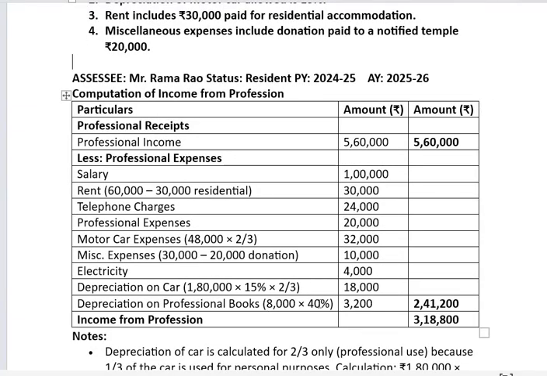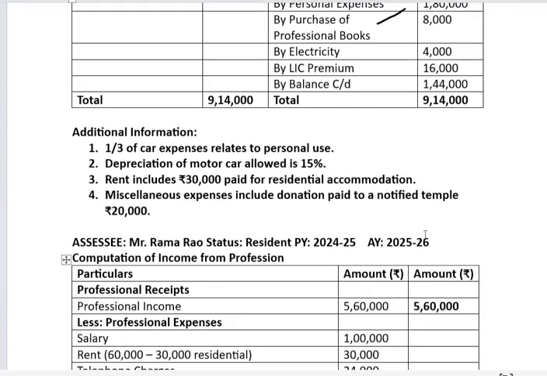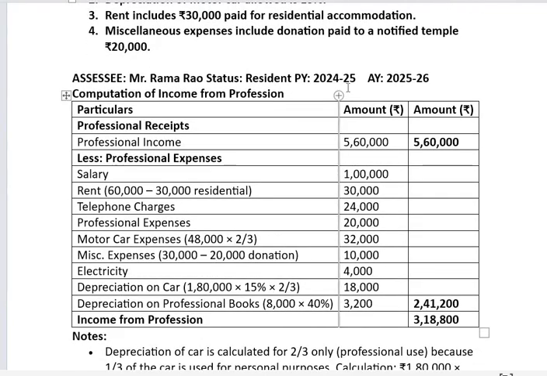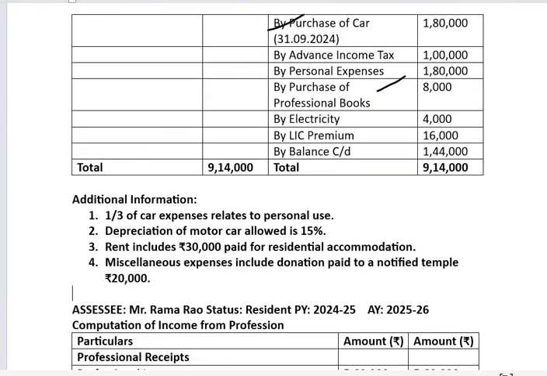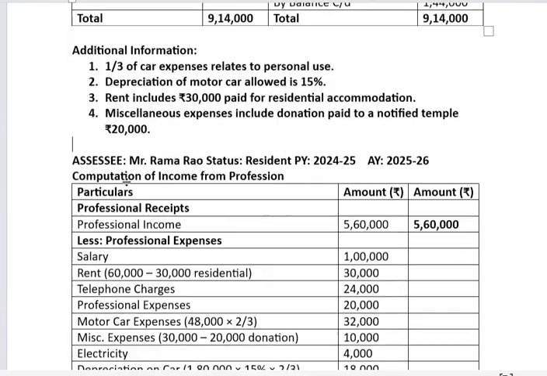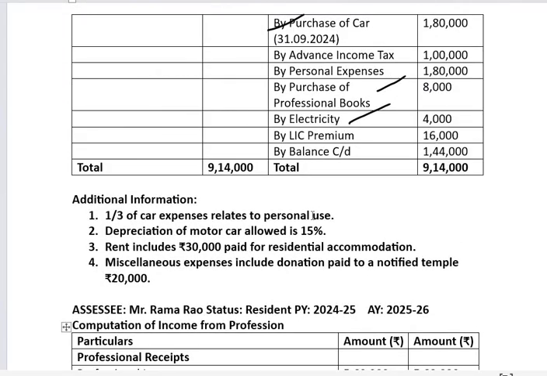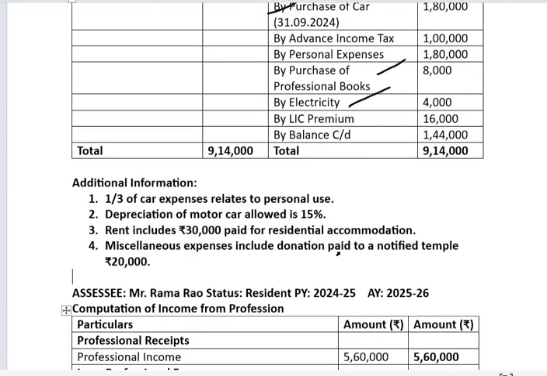Depreciation on professional books 8,000 into 40%, 3,200 we have to consider. Next is electricity charge. Electricity charge is a professional expense, 4,000. It is written here electricity charge 4,000. LIC premium is not a professional expense. Closing balance we have to leave.